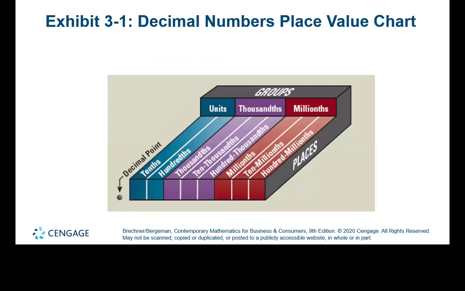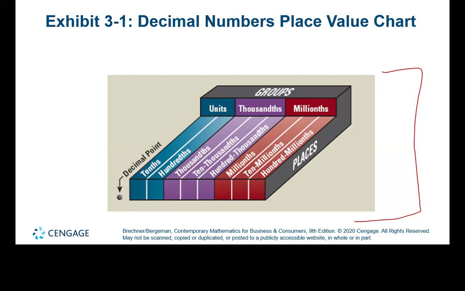Okay, so this is a very important slide, and you definitely want to either copy this down or print this slide off just so you have it to look at, and you really want to learn these place values. The tenths comes right after the decimal, okay, the hundredths, and then the thousandths.